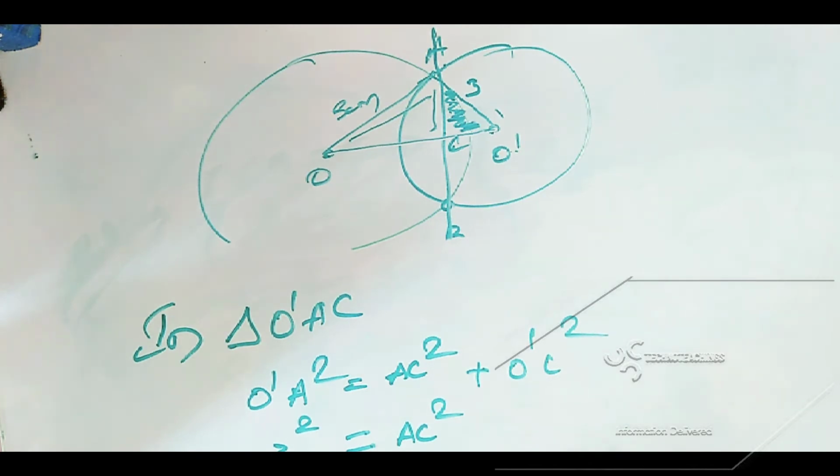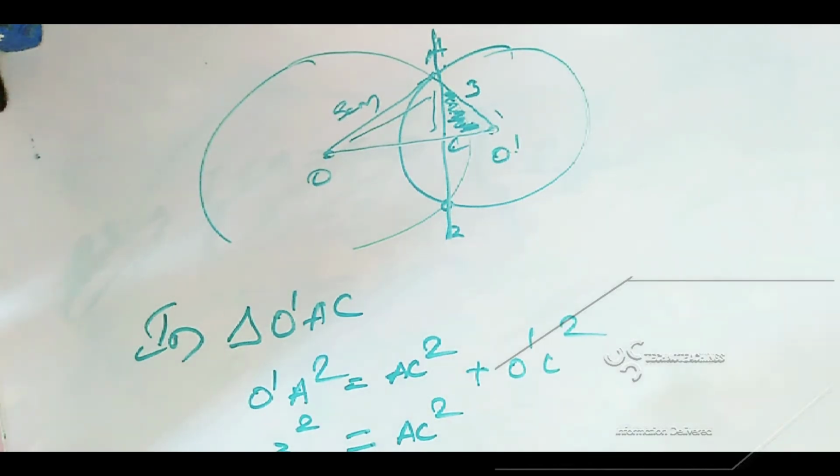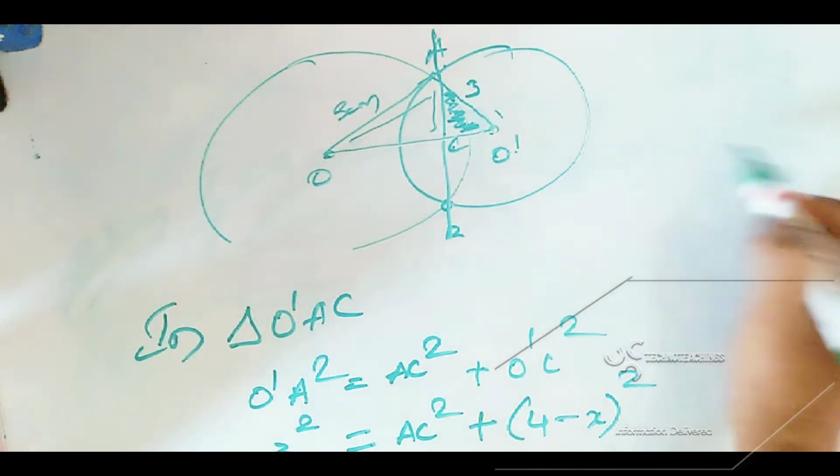I don't have any value for AC square, so I'll keep the term AC square as it is, and I'll substitute for O'C square. I have substituted x, and here for O'C square I'll substitute the value as (4 minus x) whole square, as we have seen already, right?